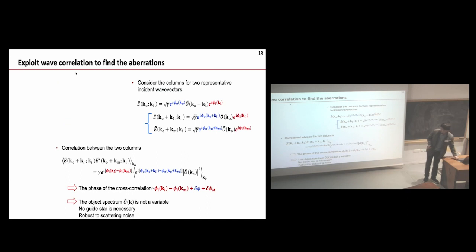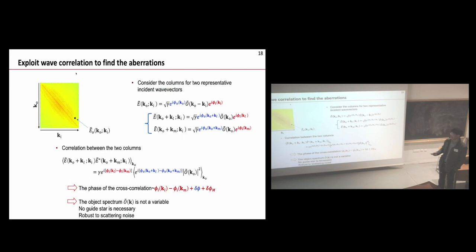But let me give a brief mathematical expression. We construct a reflection matrix in a spatial frequency domain, where each element is k in and k out. Now let's take a look at two representative columns. Two columns means two spectra. The spectrum has this form. But instead of playing in this original basis, we go to the delta K space, so we compensate the amount of shift.